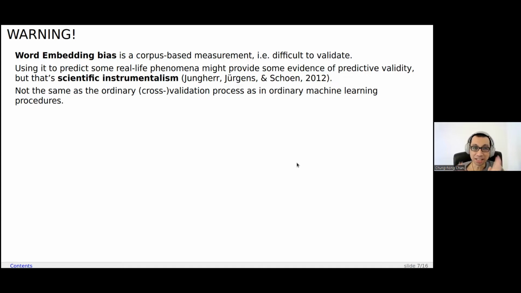But in the literature, researchers usually use these word embedding biases to predict real-life phenomena, for example, gender disparity in employment. This provides some evidence of predictive validity, but that is not the same as the ordinary validation process, because it is just what we call scientific instrumentalism.